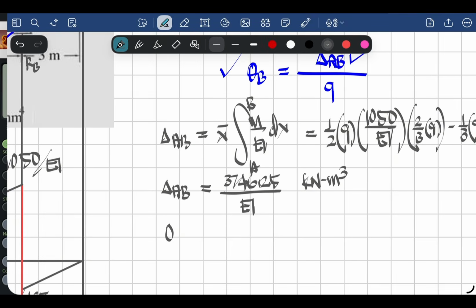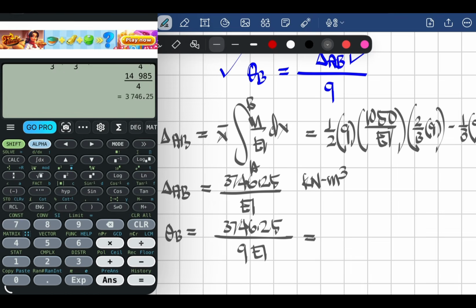So theta B is equal to 3746.25 over 9 EI.